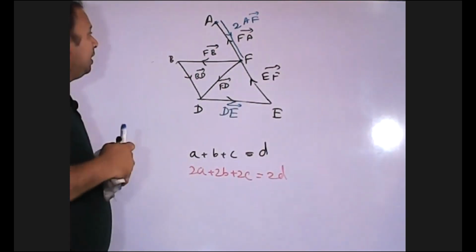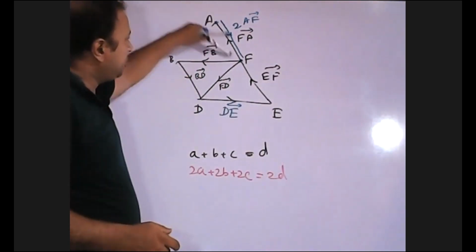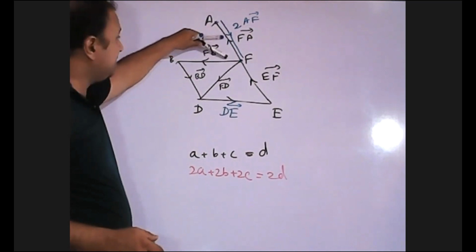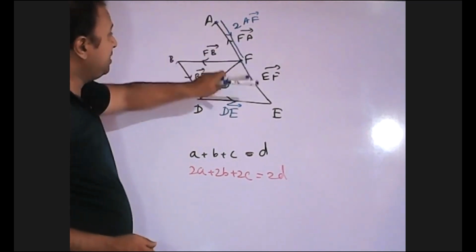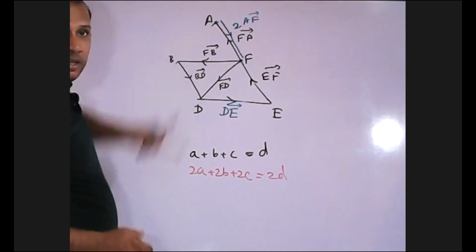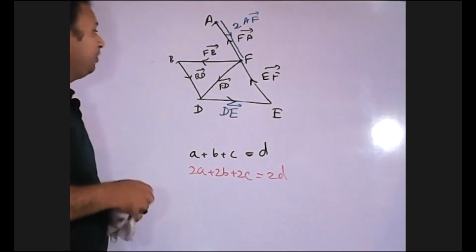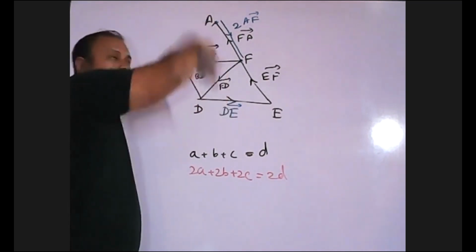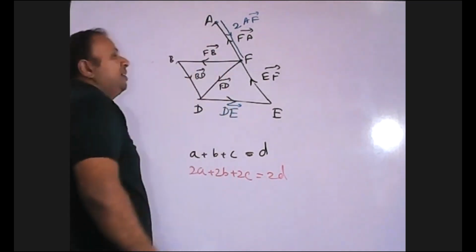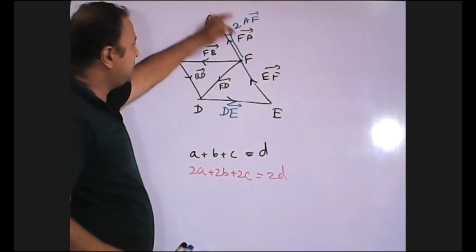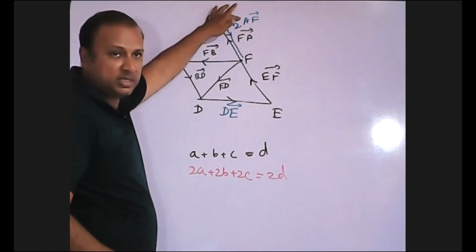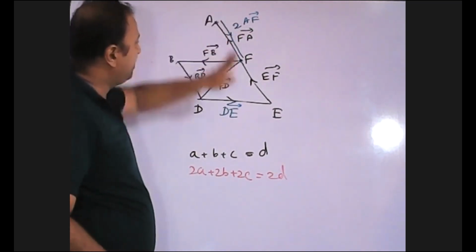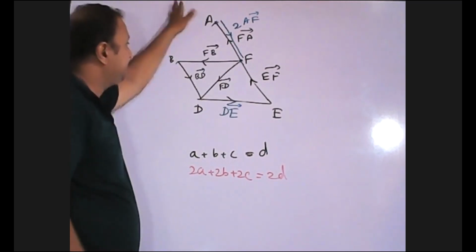Now, from here to here, 2 AF here, and 1 FA on the other side. Therefore, the resultant would be 1 AF in the A to F direction: two vectors in the A to F direction, and the opposite side 1.